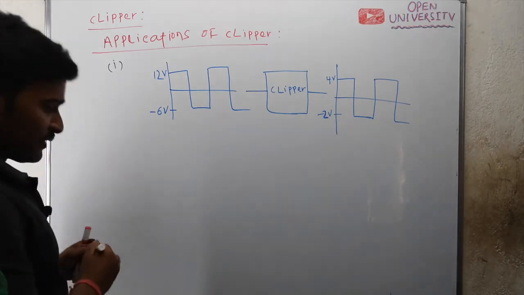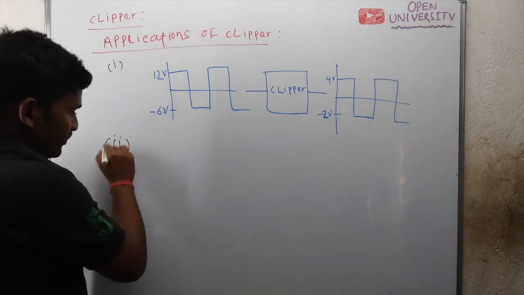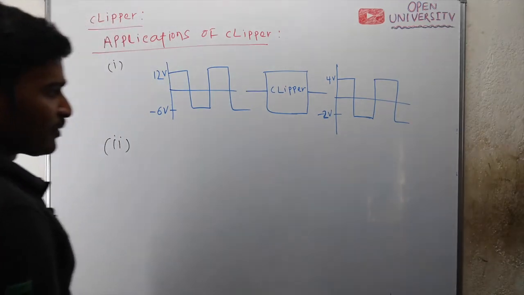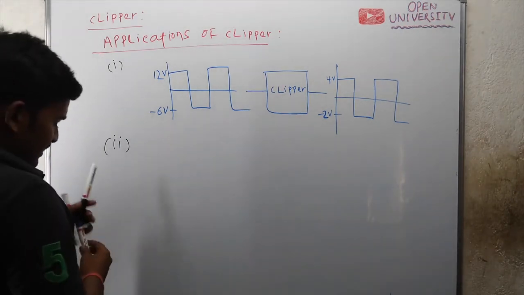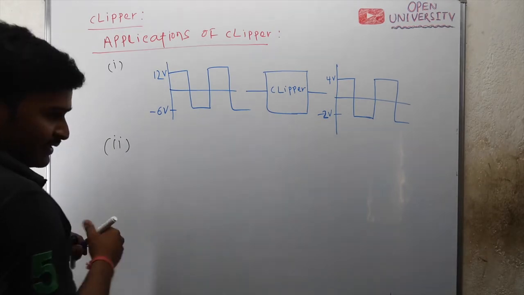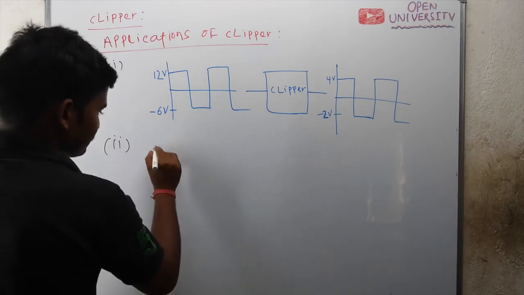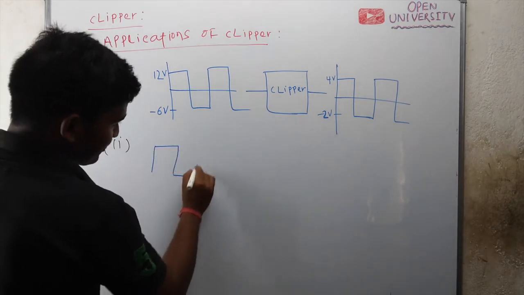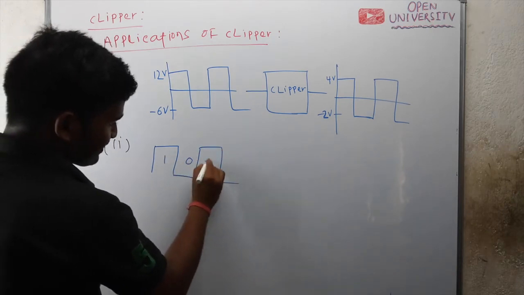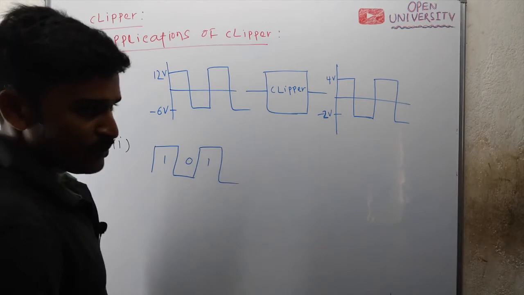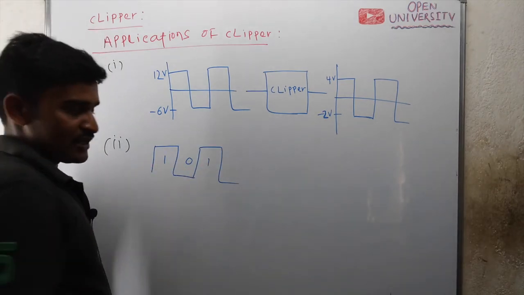The second application of a clipper is it is used to remove the noise from pulse waveform in digital communication. See, in digital communication we transmit signals in the form of pulses, in terms of rectangular pulses like this. When you transmit signals in the form of 0 and 1, we represent these binary digits with rectangular pulses like this.